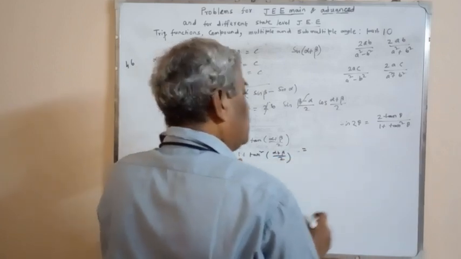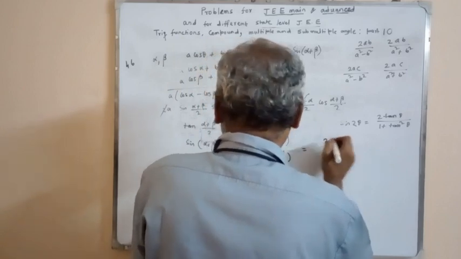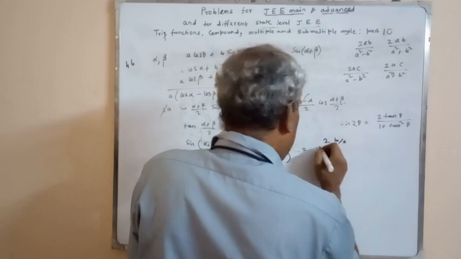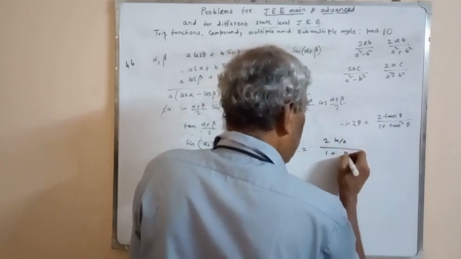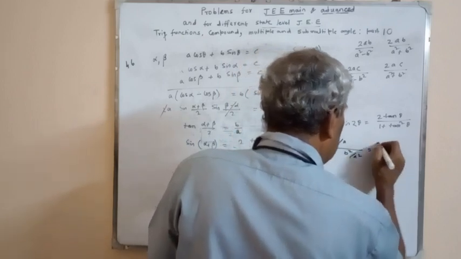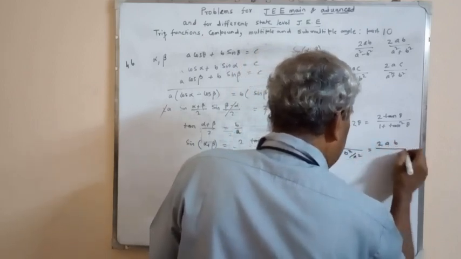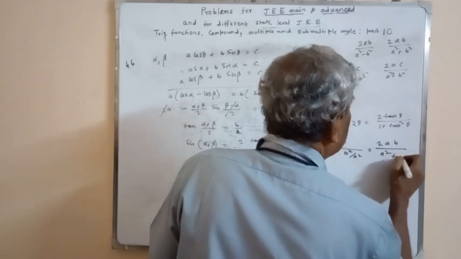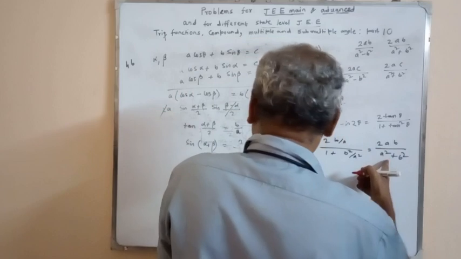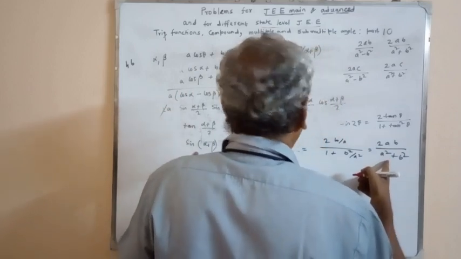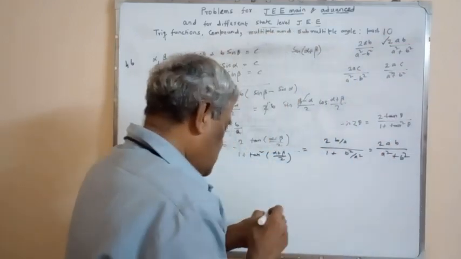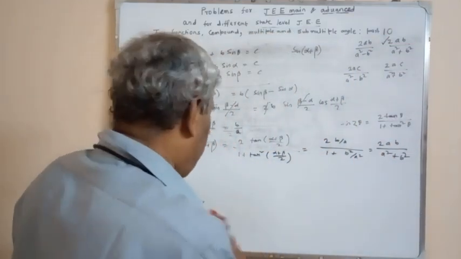So this is equal to 2 times b by a by 1 plus b square by a square. It is equal to 2ab by a square plus b square. So this is the value of sine alpha plus beta, that is required. Option is this, option C, sorry, option B.